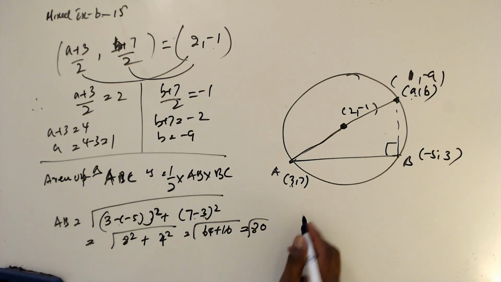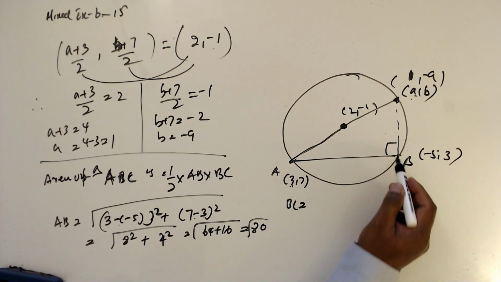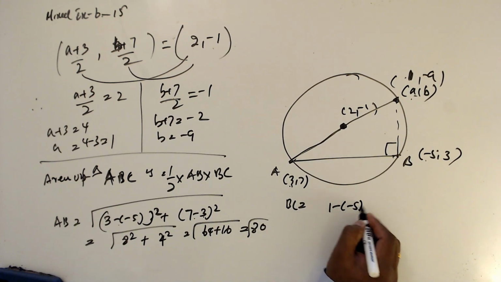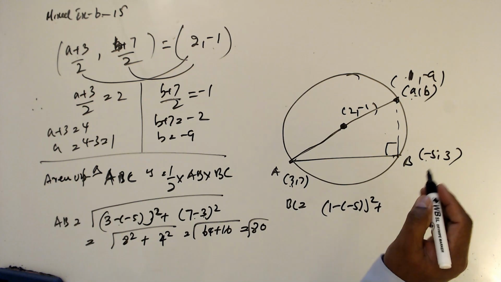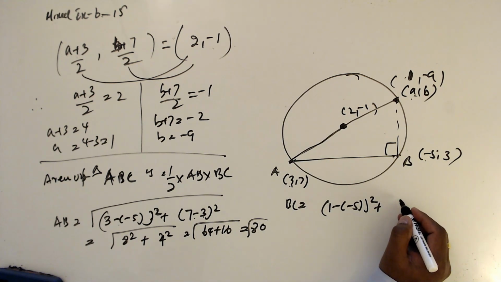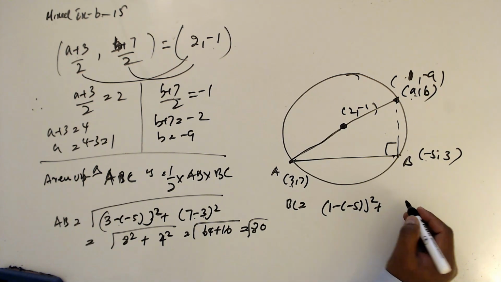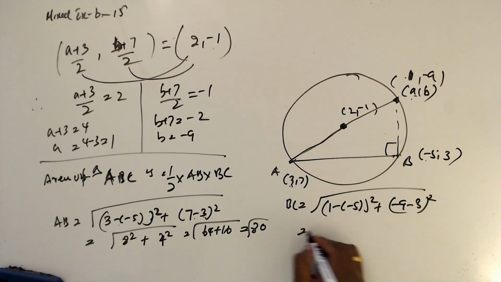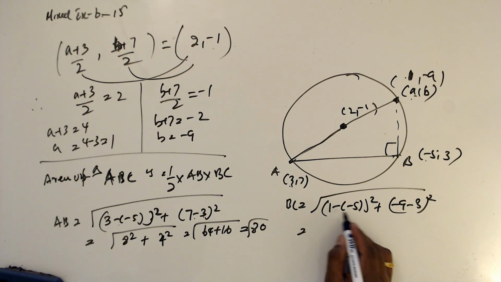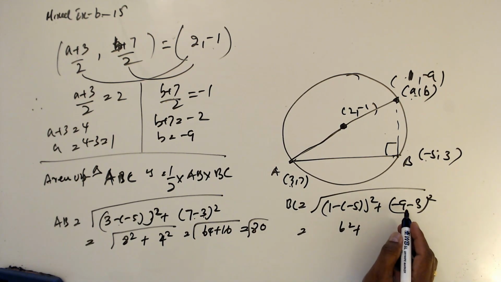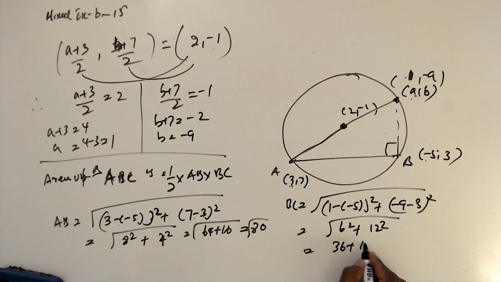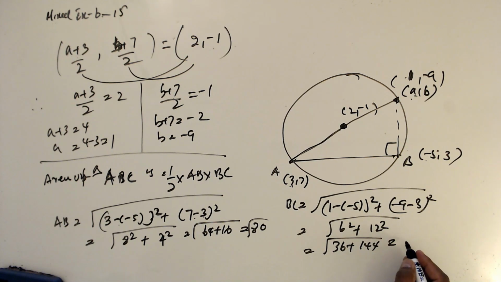Now BC: 1 minus minus 5 squared plus 9 minus 9 minus 3 squared, square root. This is 1 plus 5, 6 squared, and this is 12 squared. The square root of 36 plus 144, which is going to be 180.